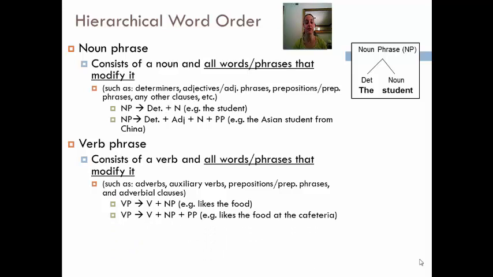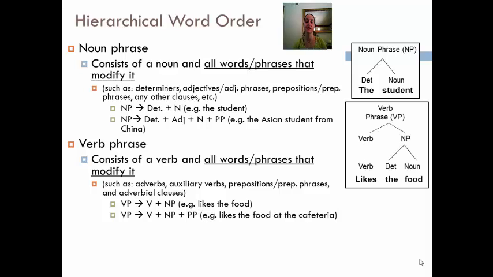Here's a more complex verb phrase: a verb, likes, the noun phrase, the food, and then a prepositional phrase, "at the cafeteria," which is telling us about the food, would be subsumed all together into a verb phrase. Okay, this is how you would draw it over here. So you would have verb, noun phrase equals verb phrase.